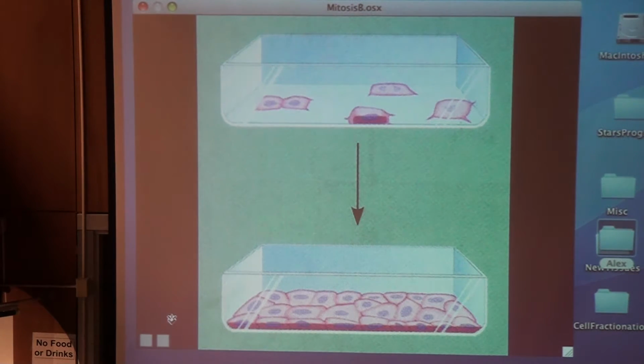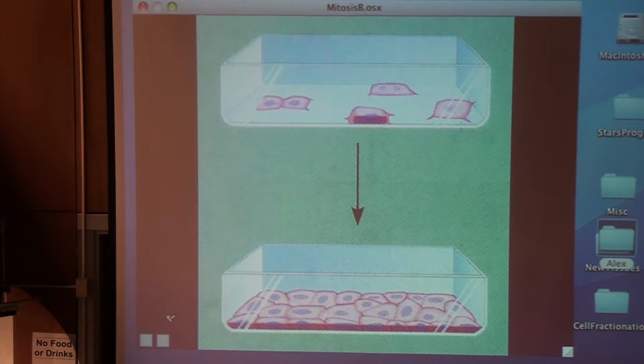Here's a demonstration where they took some fibroblast cells and grew them in culture, which means in a laboratory dish. And they gave them all the nutrients they need, and they've given them the growth factor that they need, so of course they start dividing. But notice that they only divide up to a point. Once they start touching each other, then that contact inhibition comes in, and so even then they ignore the growth factor and just stop dividing.